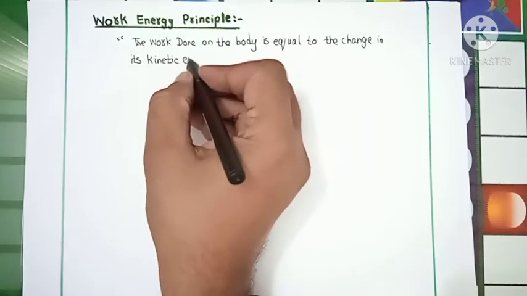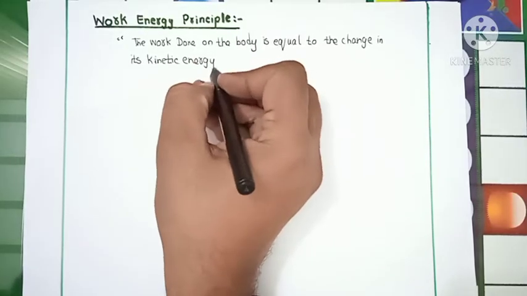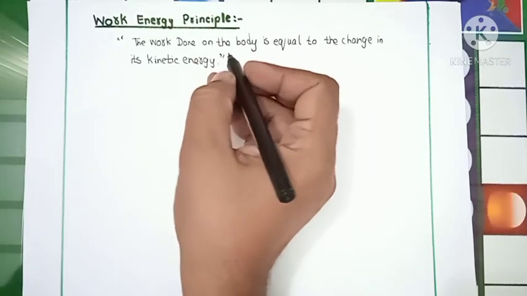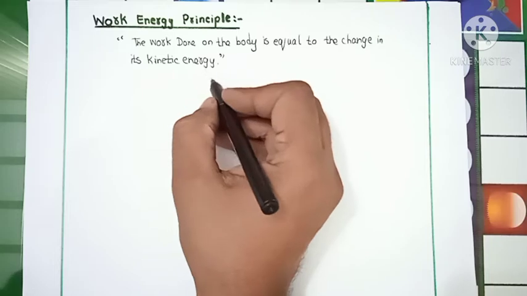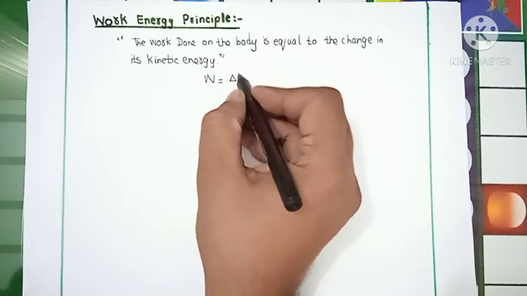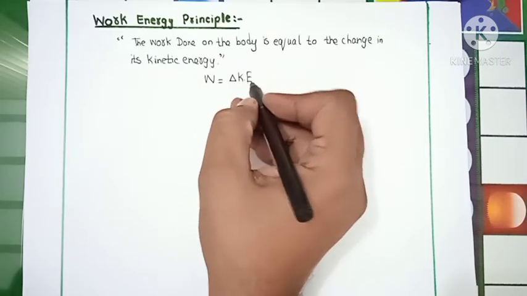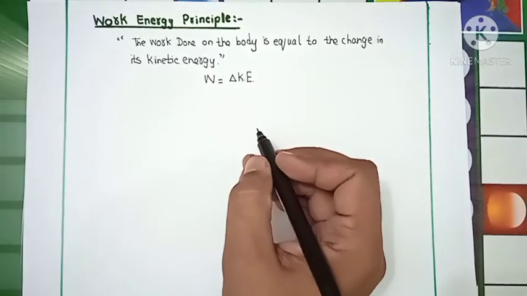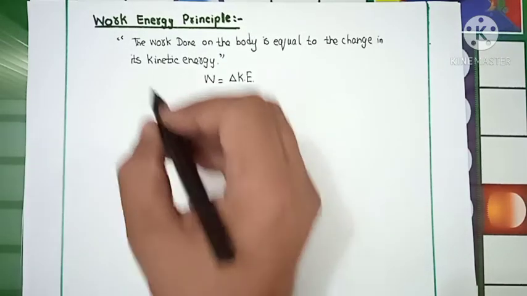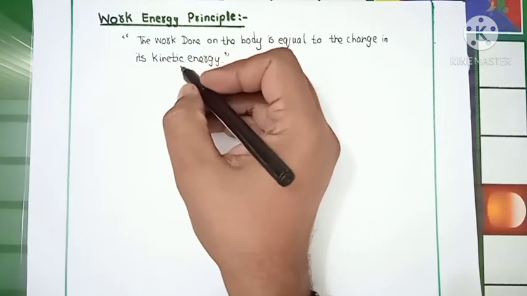Mathematically, W is equal to delta KE. Work done on the body is equal to change in its kinetic energy.